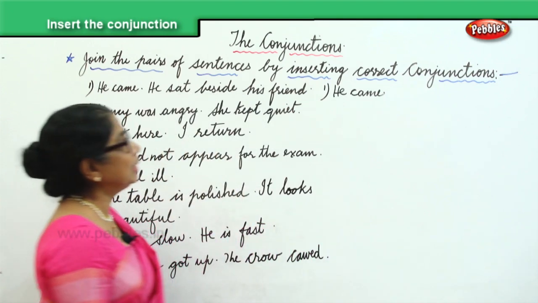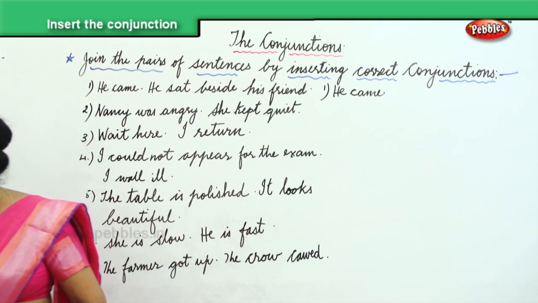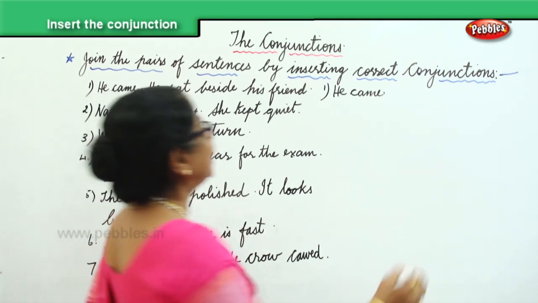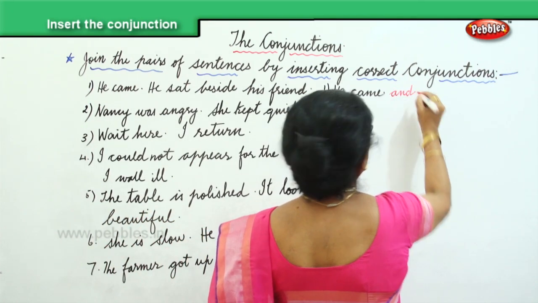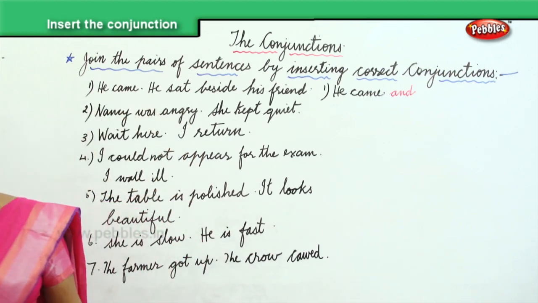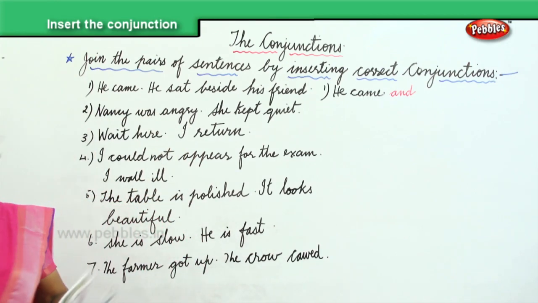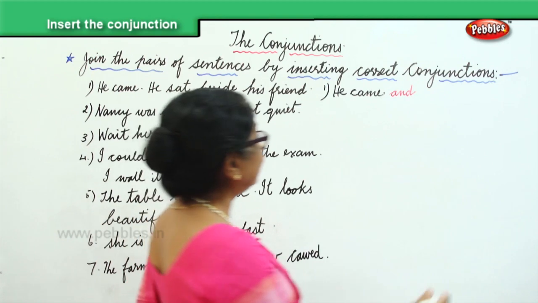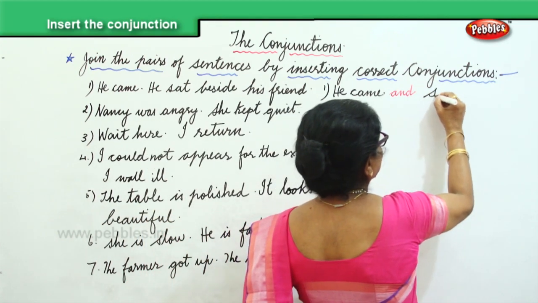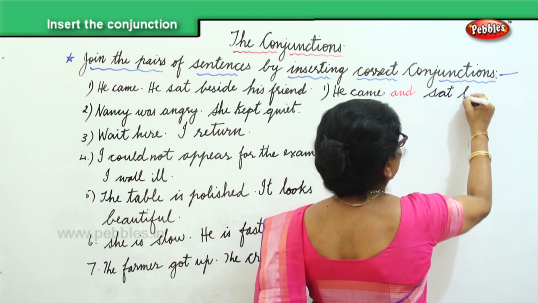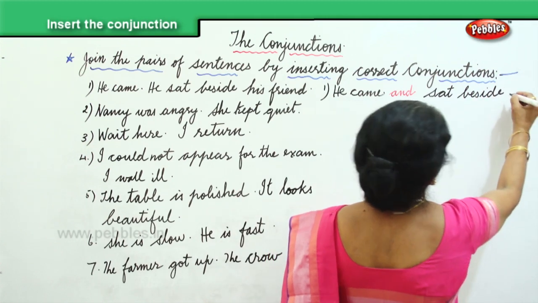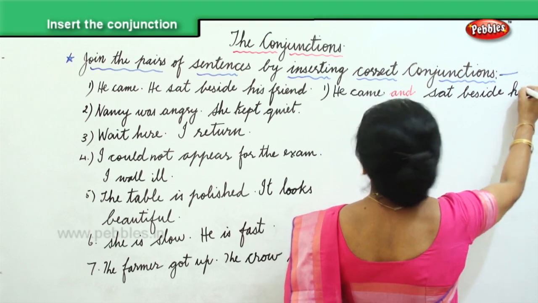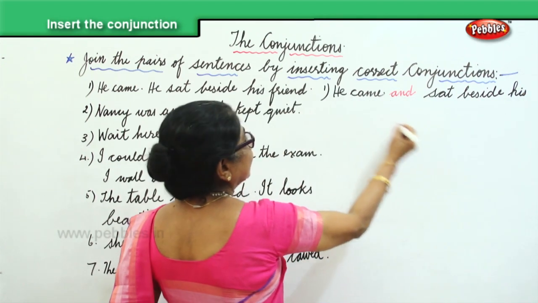What is the word we are using here? And. We are using the conjunction and. He came and sat beside his friend.